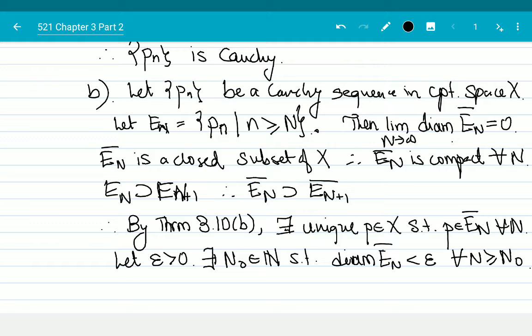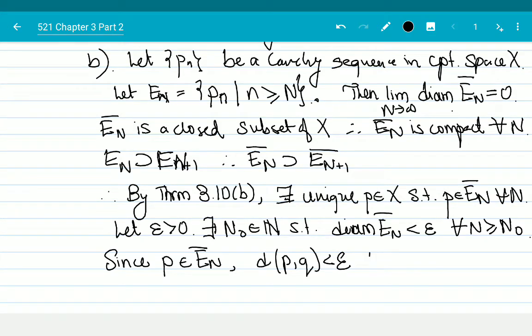Okay? Since P belongs to En bar for every n, it follows that distance P comma Q is strictly smaller than epsilon, not smaller than or equal to epsilon, for every Q belonging to En bar, for n greater than or equal to n naught.